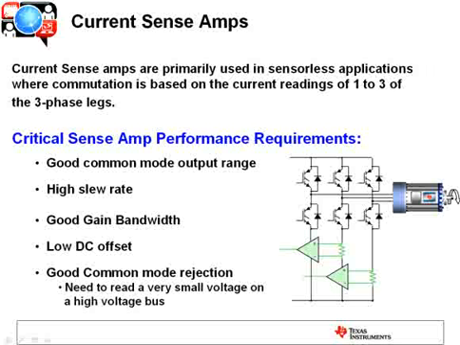And those sense resistors are very, very small impedance, or resistance, I should say. So you're going to generate a very, very low differential voltage on a leg that's actually flowing very high current. So it's very critical that these devices have very good performance, because you're going to commutate based off of this reading. So you need to get that reading correct. It's got to be accurate.